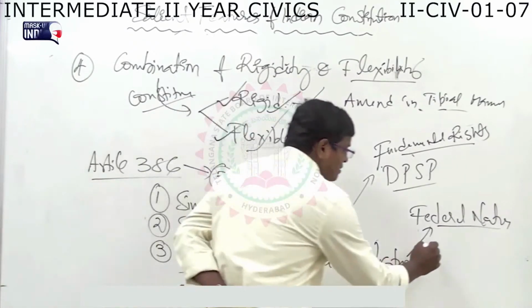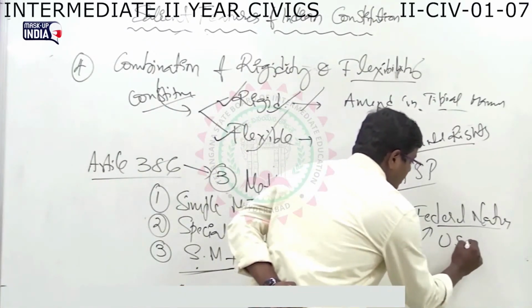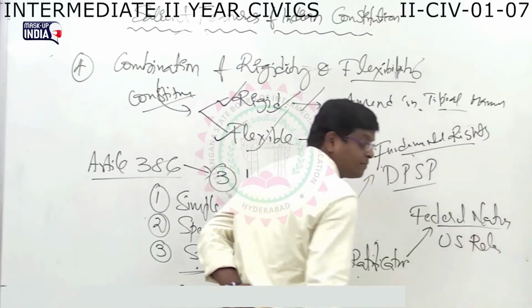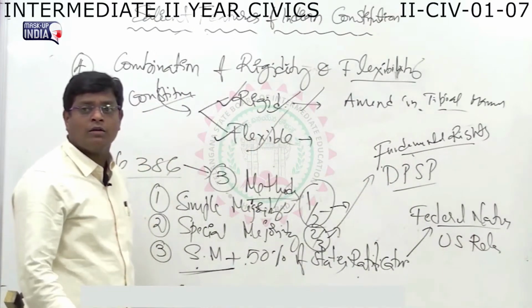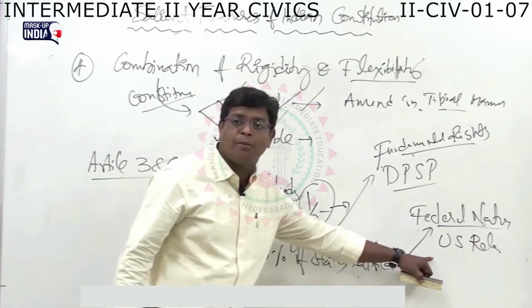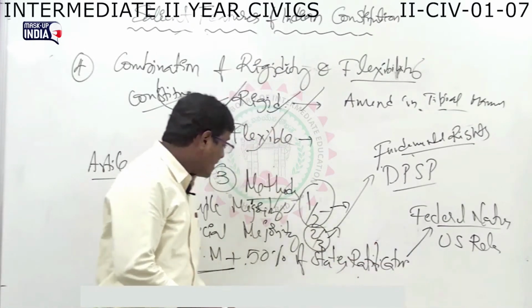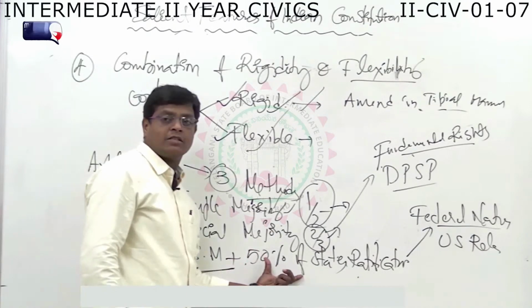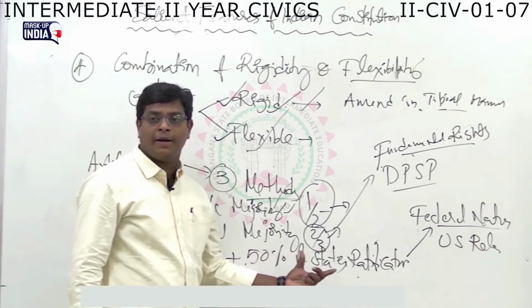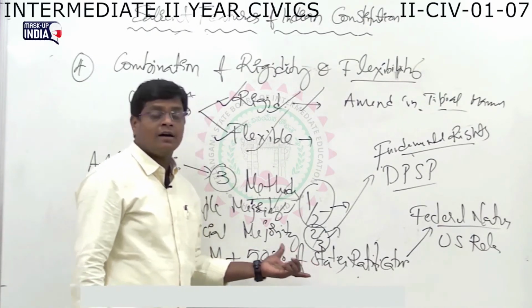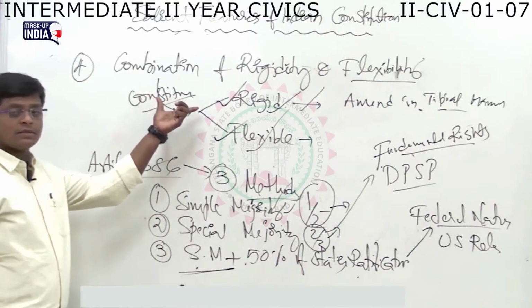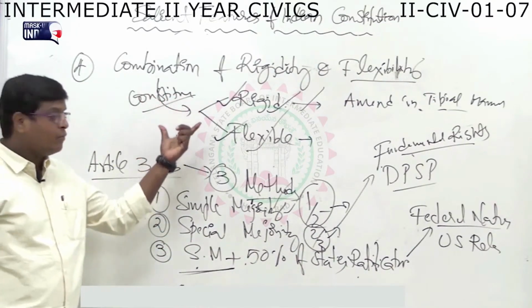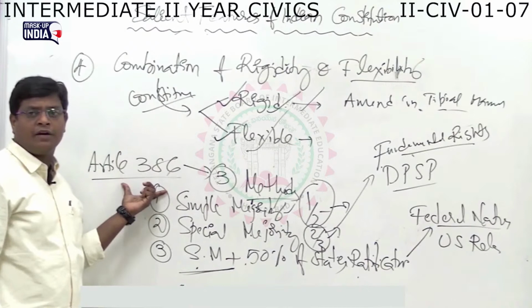For example, union-state relations, the Supreme Court, and the union government's powers and functions. These come under special majority along with 50% of the states approving the bill. So these are the methods of the amendment procedure mentioned in our Constitution of India.